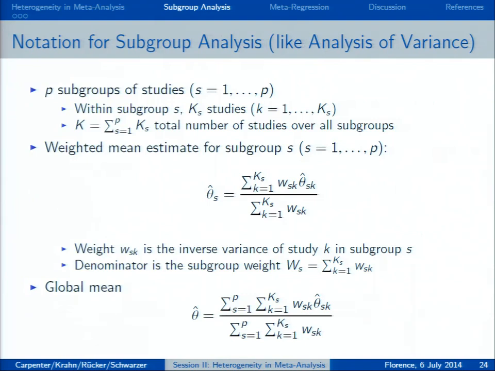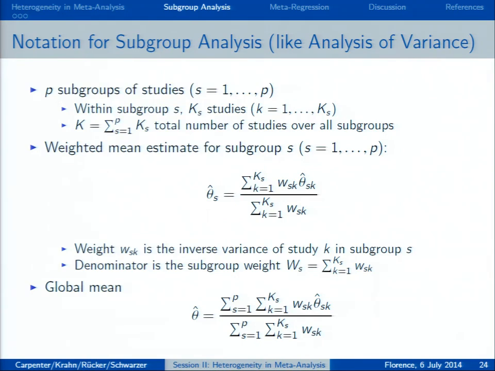So let's talk a little bit, before we come to the results of that, about the notation for subgroup analysis and the measure of heterogeneity. So we've got P subgroups of studies, and within subgroups we've got K_s studies, K is 1 to K_s.